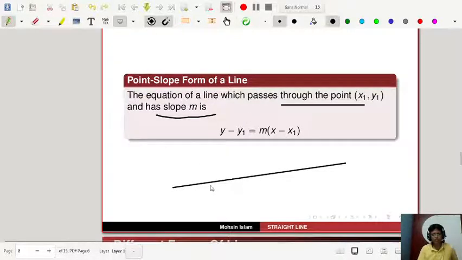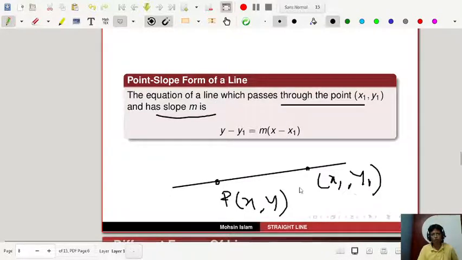This is very simple, because you have any point x y on the line, and the straight line passes through x1 y1, so its slope is given by m equal to y minus y1 by x minus x1. That is the slope formula you are using. This is very useful. If you know the slope and the point through which the straight line passes, then you can get the equation of the line.